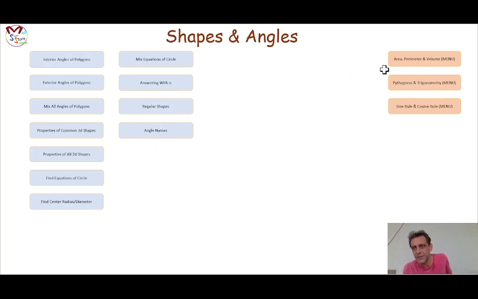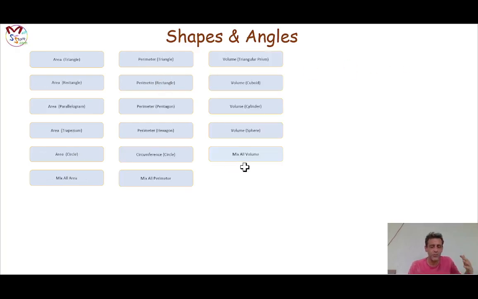And in the sub-menus we've got area, perimeter and volume. That's a menu, Pythagoras and trigonometry, sine and cosine rule. Let's go for area and perimeter. I'm not going to go through the other sub-menus. The cosine and sine rule I know has just got the sine rule, the cosine rule, and mix them. So we've got area of a triangle, area of a rectangle, parallelogram, trapezium, circle, mix all areas.